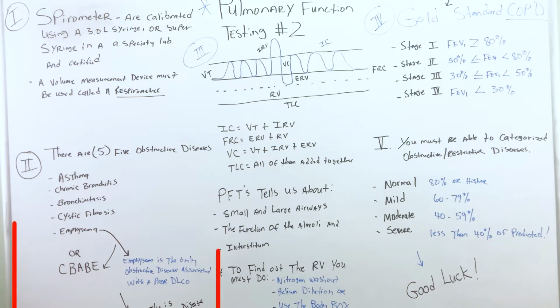Now, some of you have learned these by C-Babes. It worked for me, so it really doesn't matter. As long as you know the 5 obstructive diseases, everything else is a restricted disease on this exam. If it's not asthma, chronic bronchitis, bronchiectasis, cystic fibrosis, or emphysema, it is a restricted disease.